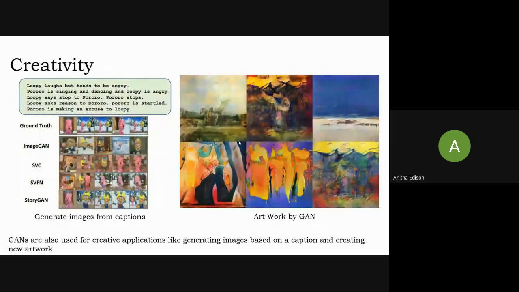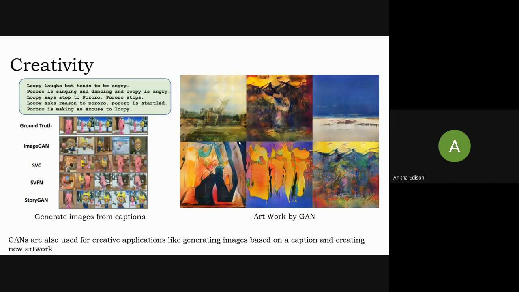And then the final level of human intelligence is creativity. And computer vision researchers want the machine to be creative. Earlier, we have seen that when a video was given, computers could generate a caption, and that was just recognition.